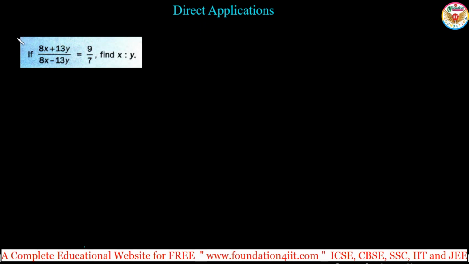Direct applications. By using these properties of proportions, how to solve problems using the componendo and dividendo rules, alternando, invertendo, let us see now. The question is (8x plus 13y) divided by (8x minus 13y) is equal to 9 by 7. Find x is to y. If you observe, 8x and 13y are the same terms with opposite signs, plus and minus.